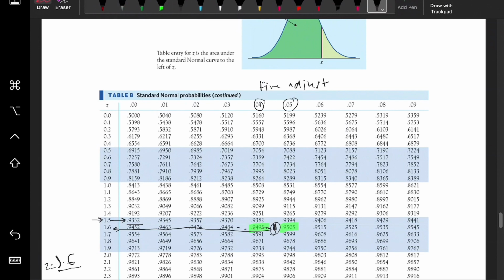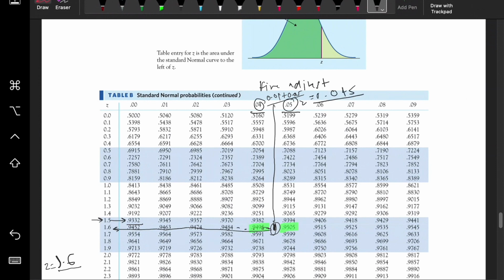and you can see the value exactly lies in between these two, 0.04 and 0.05. So you can just take the middle number of that: add those two numbers and divide by 2, and that should give you 0.045.